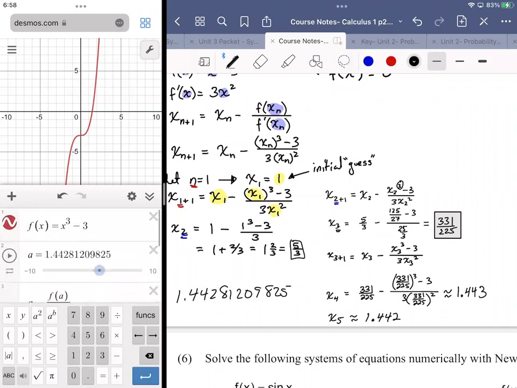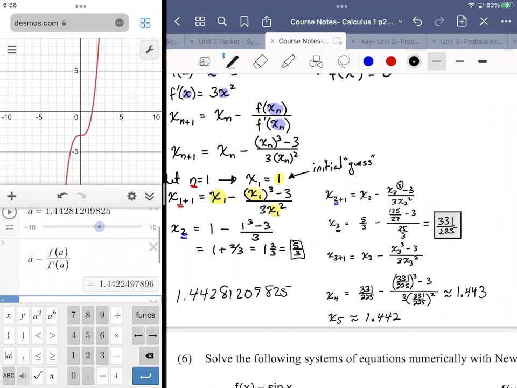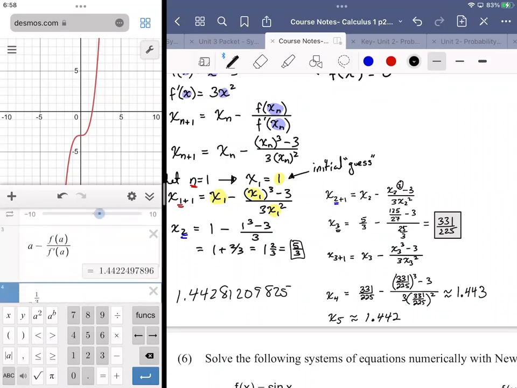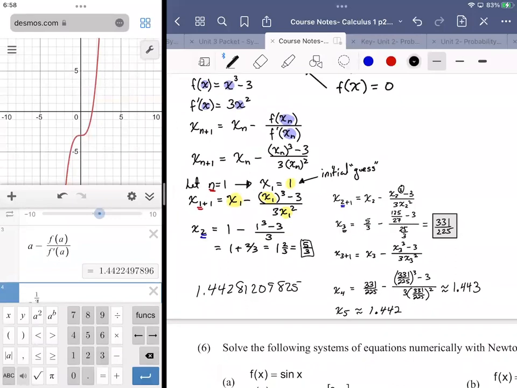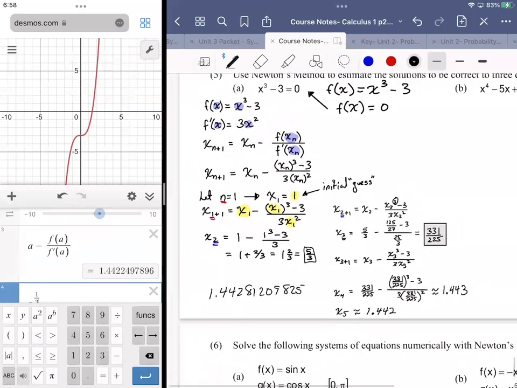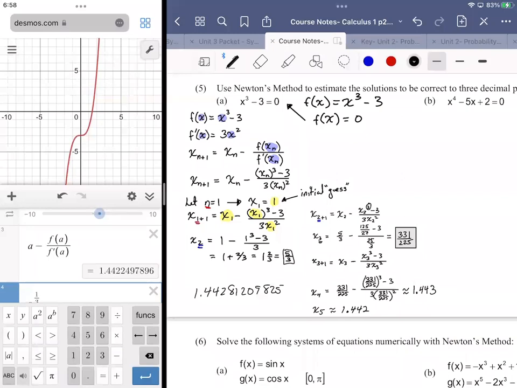So in terms of what you would do on Desmos, it's really just putting in the formula in terms of a rather than x sub n. So I'll even jot that down for you. In Desmos, input function, then a minus f of a over f prime of a.